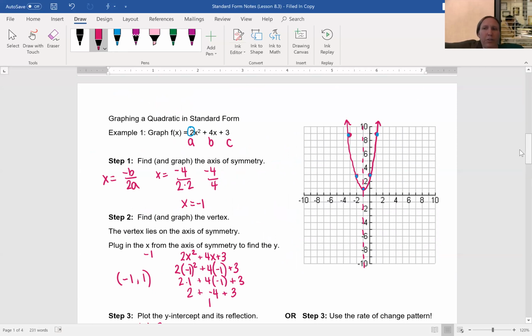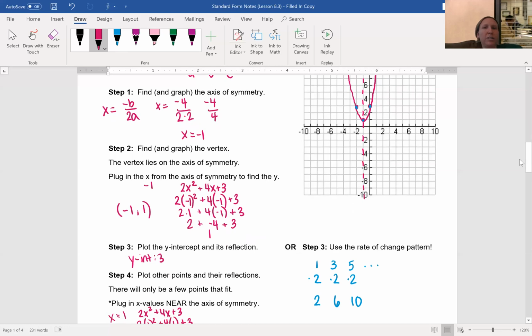From there, another great point to put on there is the y-intercept, which is just that c value. So you would put that on the y-axis and reflect it over the axis of symmetry. And then you need a couple other points, even if it's just one, which you end up reflecting. But you just choose some x values around that axis of symmetry, plug them in, and find that y value that goes along with it.